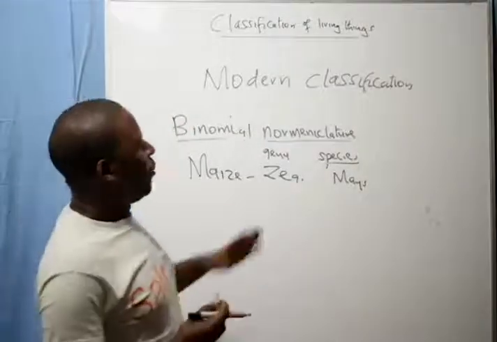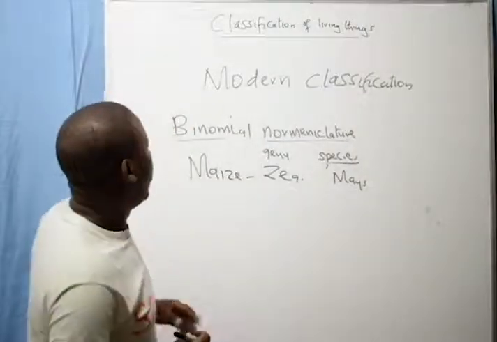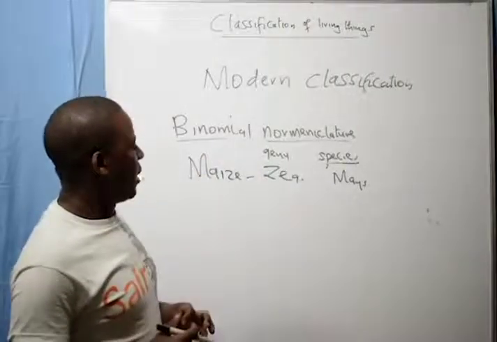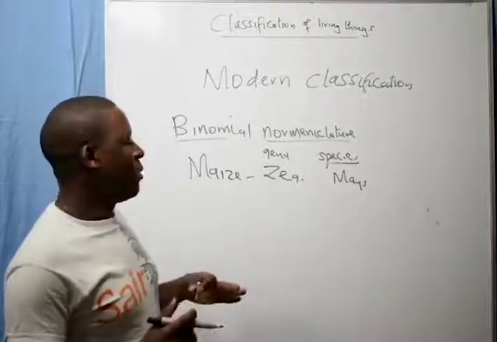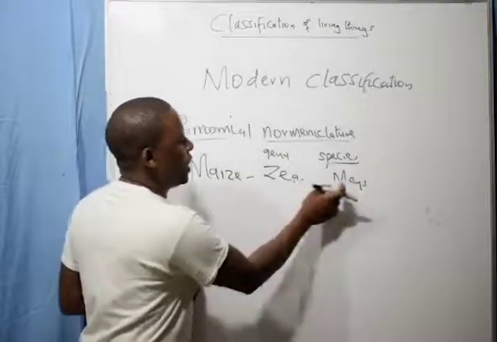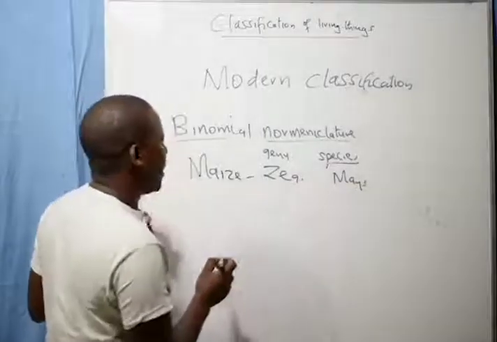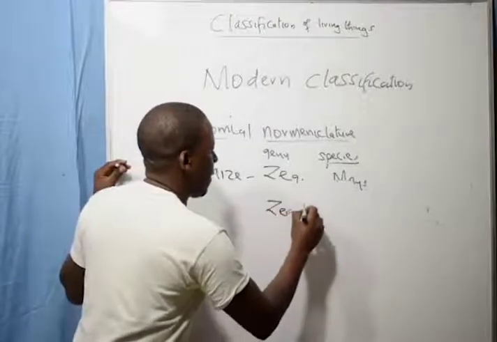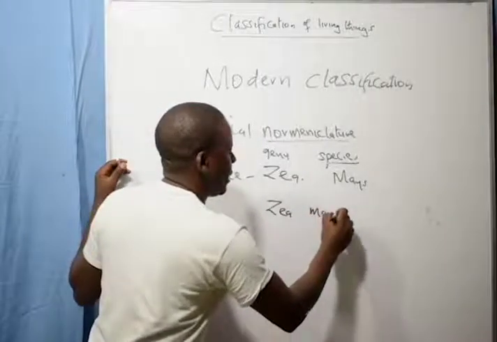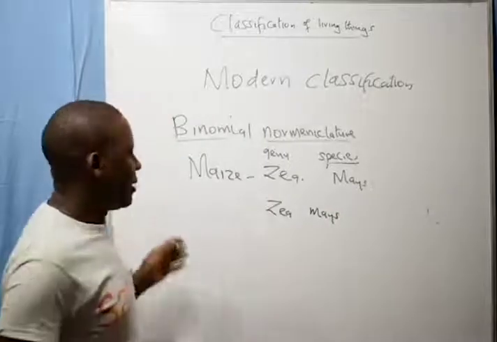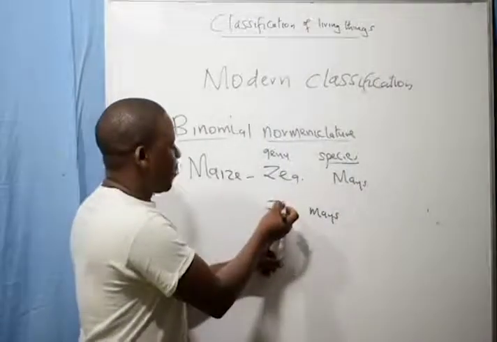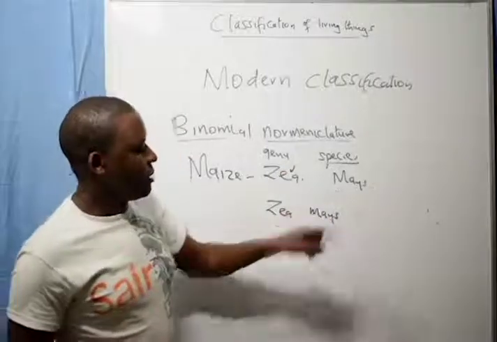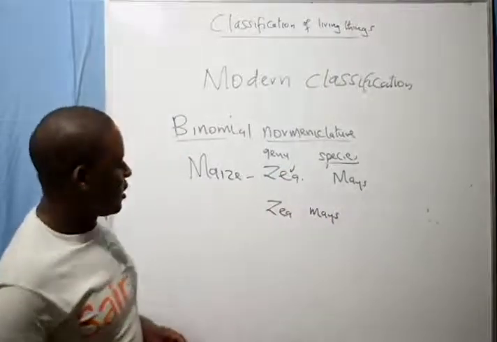Therefore, through binomial nomenclature, an organism like maize will be given these two names. Therefore, the scientific name of maize is Zea maize. The word Zea comes from the genus. The word maize comes from the species.